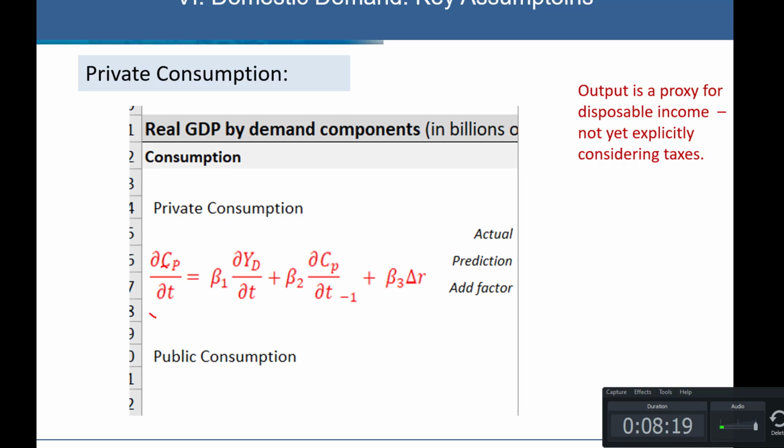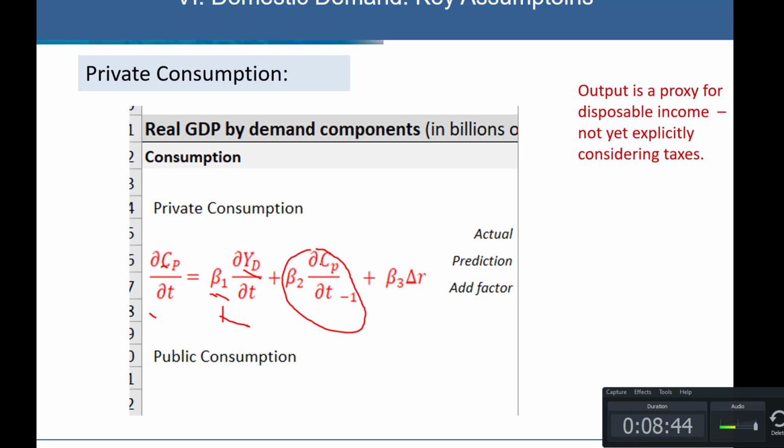But in any event, the change in consumption is going to be equal to a function of the change in disposable income multiplied by some coefficient. And that is in some sense our marginal propensity to consume, but also we're going to include a lagged effect here.